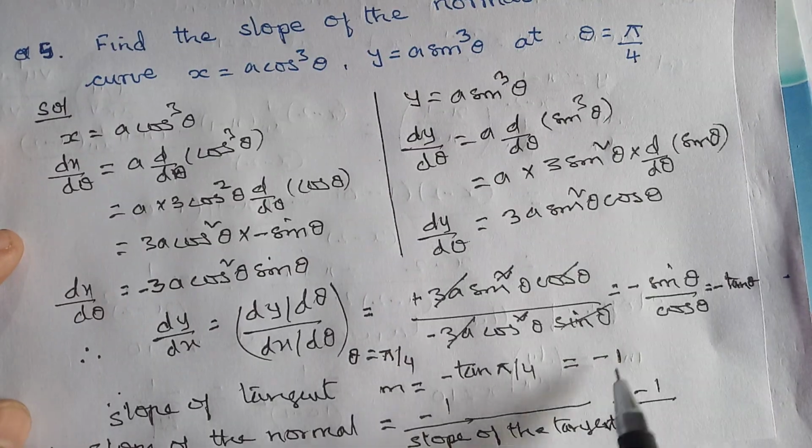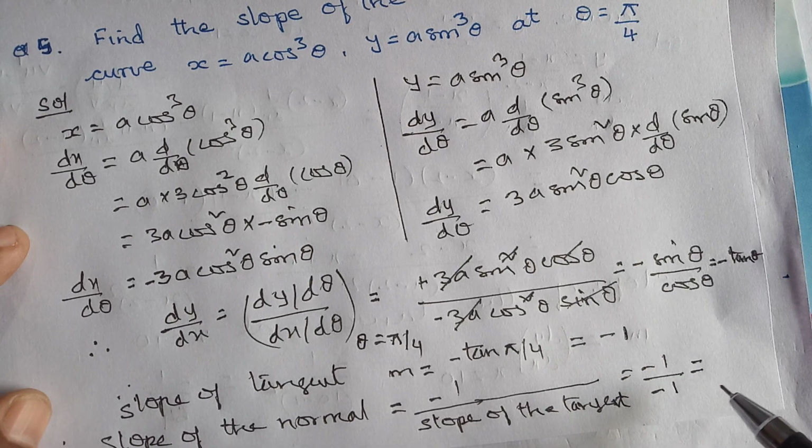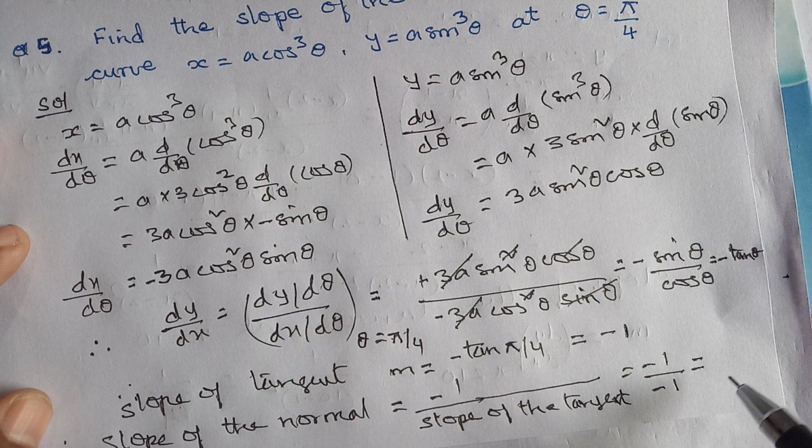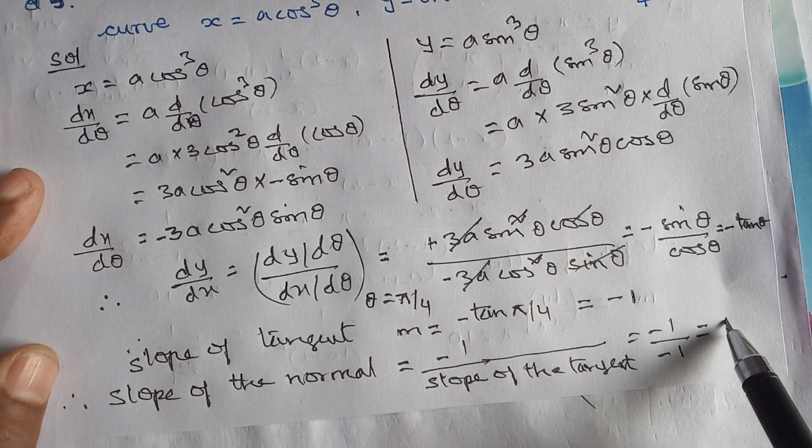We got the slope of the tangent as minus 1, so minus 1 by minus 1, minus by minus is plus, so the answer is 1. Therefore the slope of the normal is plus 1.